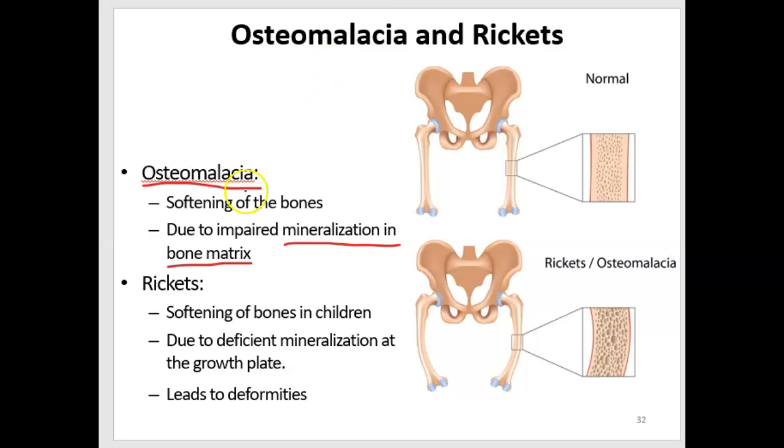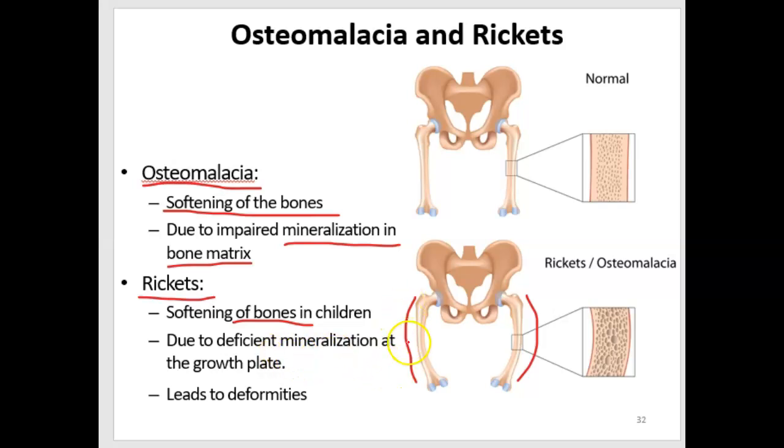So it's called bone softening, softening of the bones. And this disease was discovered first in children and named rickets. So they noticed that children were developing these abnormal bone formations, and it was due to softening of the bones.